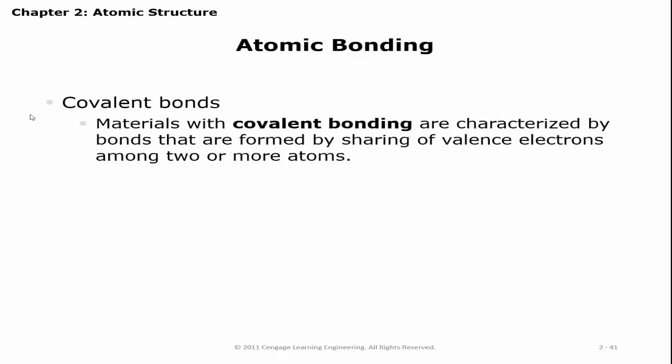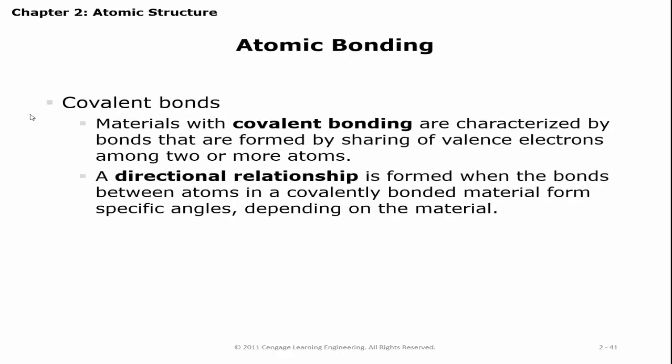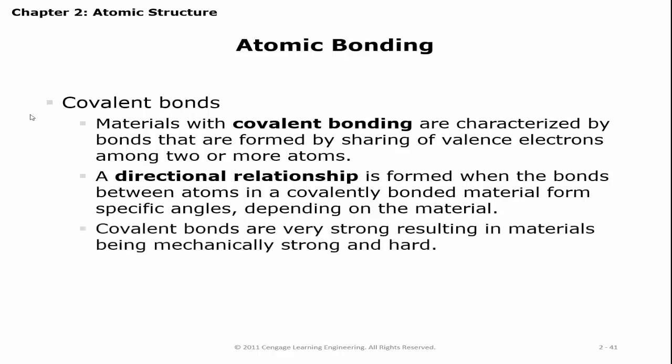Concerning covalent bonds, materials with covalent bonding are characterized by bonds that are formed by sharing of valence electrons among two or more atoms. Also a directional relationship is formed when the bonds between atoms in a covalently bonded material form specific angles depending on the material.